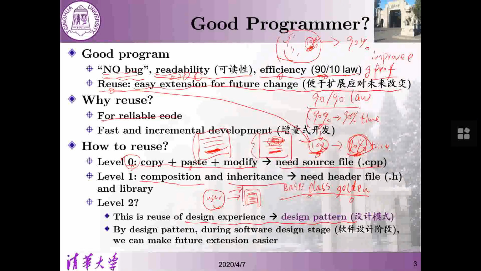And then another day they make more requirements. So user requirements may change. So how to design our software so that it can be easily modified or extended for future change? And this is the key. So this kind of design experience is very useful for developing software, and this is called design pattern.